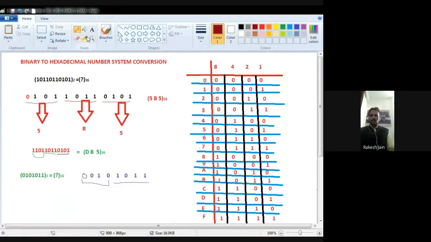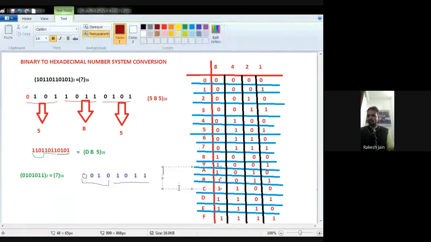Now what is the answer? From which family does 0010 belong? The 0010 is your 2, and 1011 is your B. So my answer will be 2B in hexadecimal.